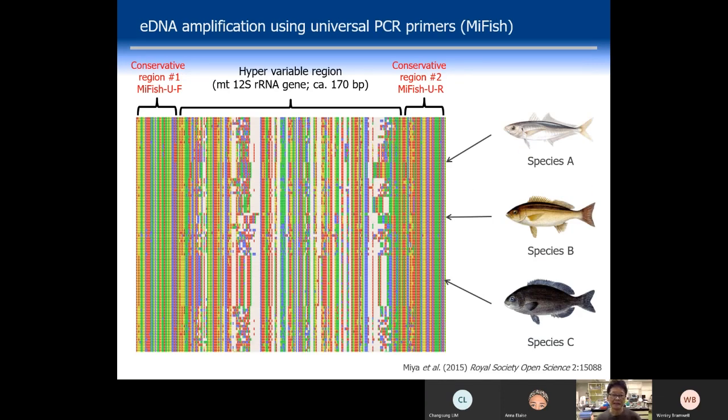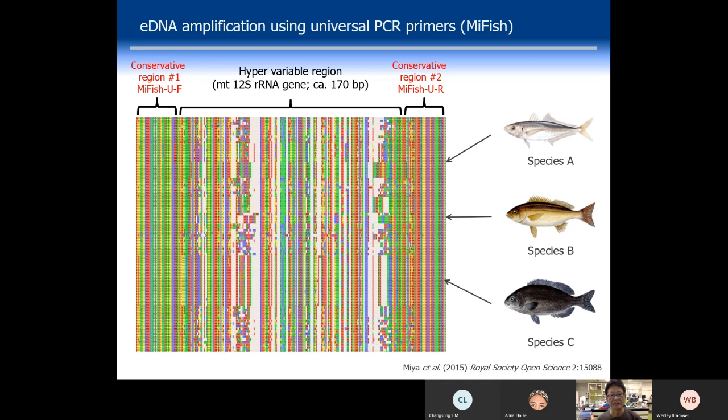And this is aligned DNA sequences from 808 species. Each row is a DNA sequence from a fish, and each column is a DNA base, which has four different colors.